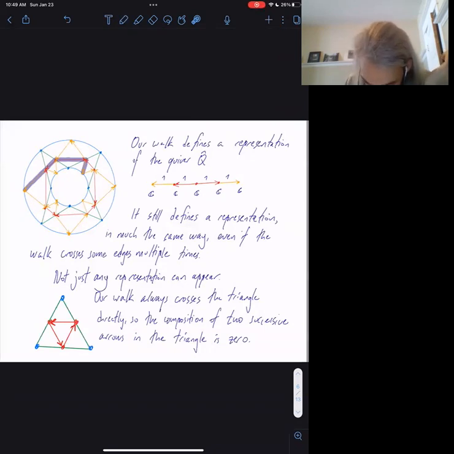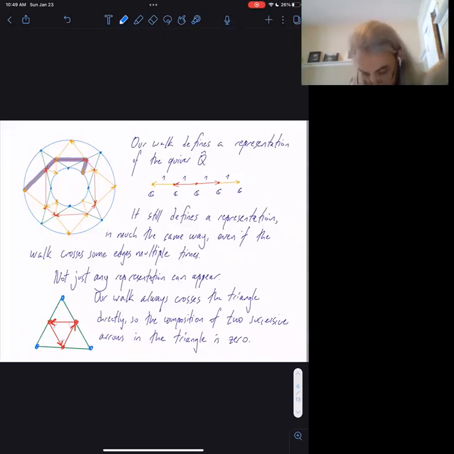But not just any representation, because the walk is always going to go from here to here and then leave, or from here to here and then leave. It's never going to dance around inside the triangle right away. So what that is telling us is that the composition of any two of these arrows is 0.